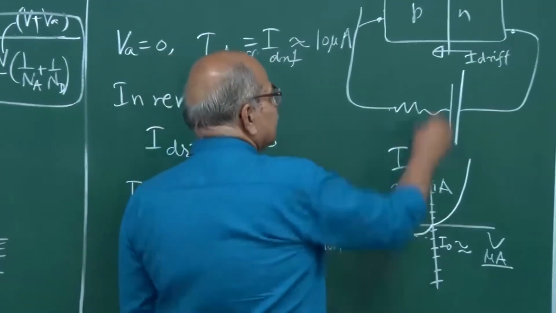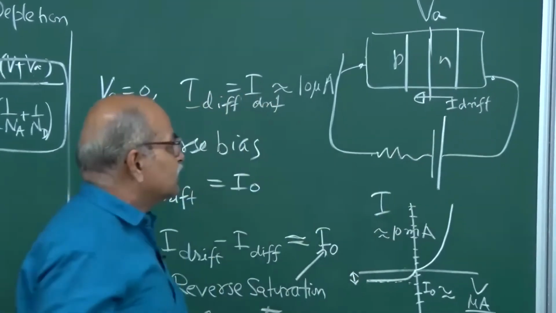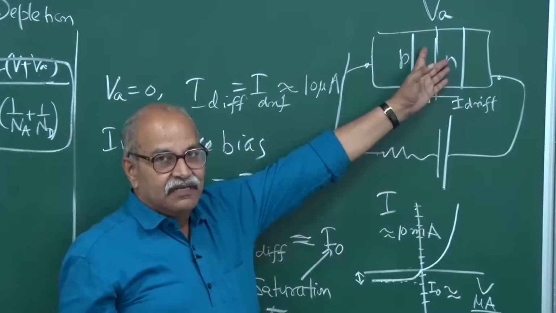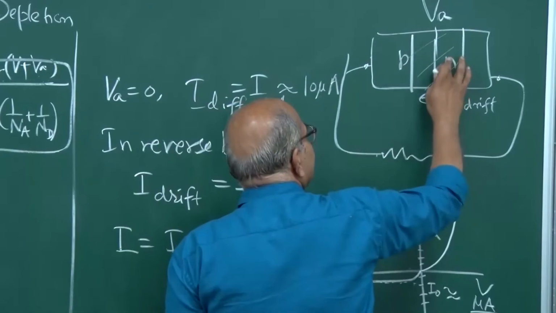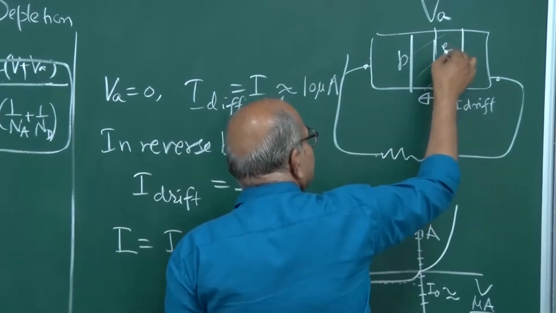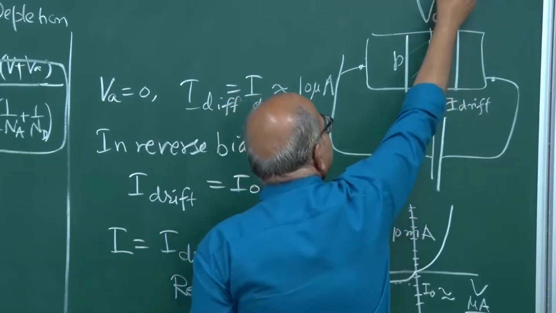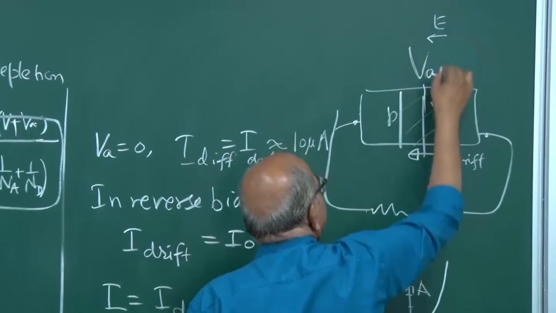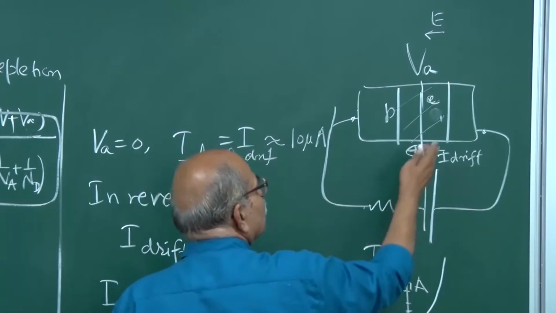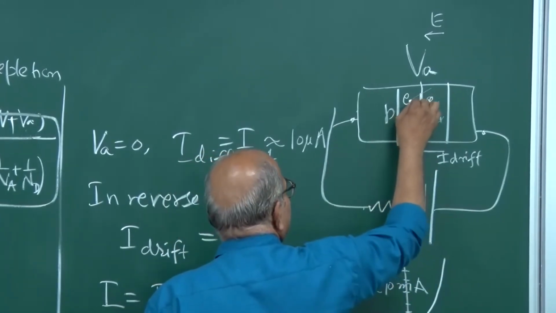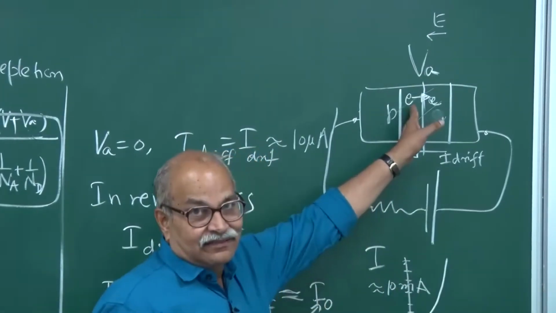So the electrons or the holes which are drifting because of the electric field, an electron-hole pair is generated in this depletion layer, and that electron drifts. This is the direction of electric field, and therefore the electrons will go in this direction and holes will go in the opposite direction.